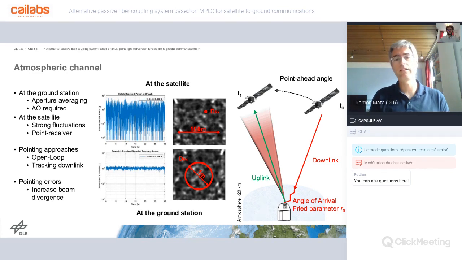You can see here two examples for the uplink and the downlink. In the upper part, the blue signal is the signal received at the satellite. The satellite acts like a point receiver. The beam after the propagation is huge, and the telescope of the optical terminal on the satellite is like a point. So you receive a point on the whole field, which means you will have strong fluctuations. On top of that, you will also have beam wander.